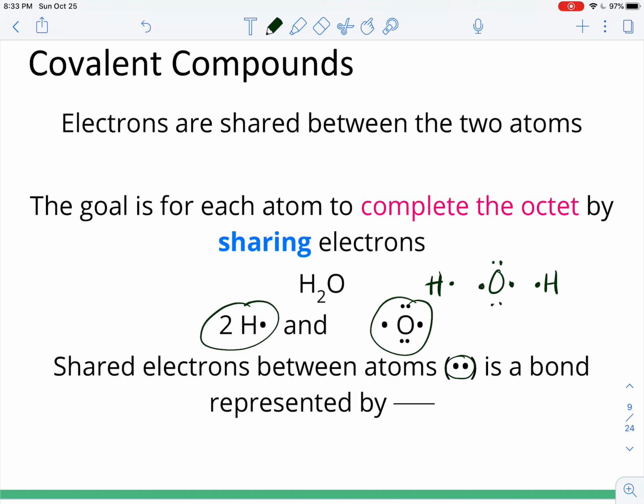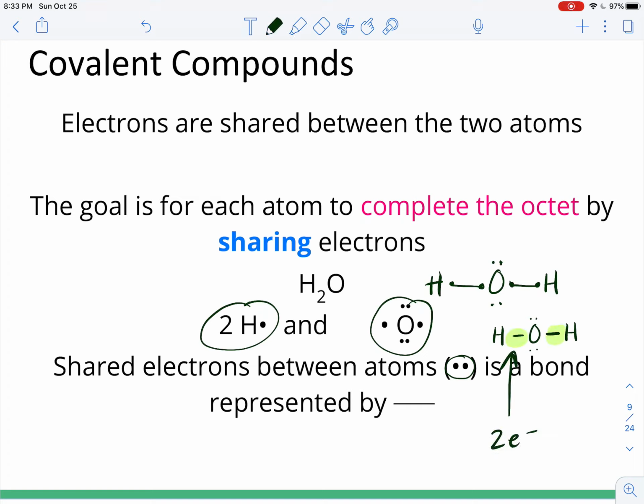So instead of leaving it like this, I could make a bond between the 2 hydrogens to the side. I'm not going to leave it like that, though. So instead, what we do is we just draw a line. But it's known that every single time that we draw a line, that means 2 electrons.